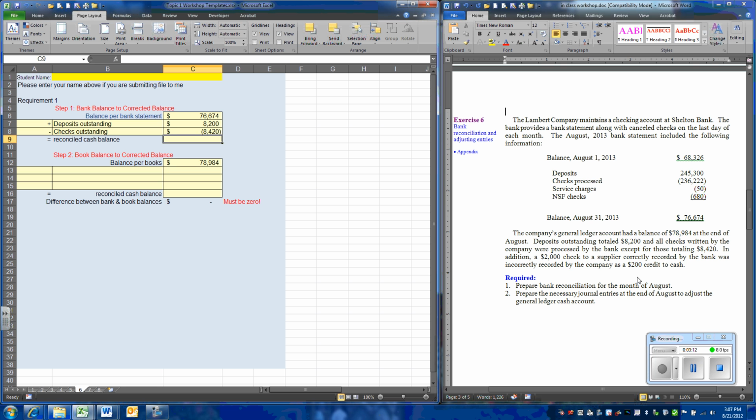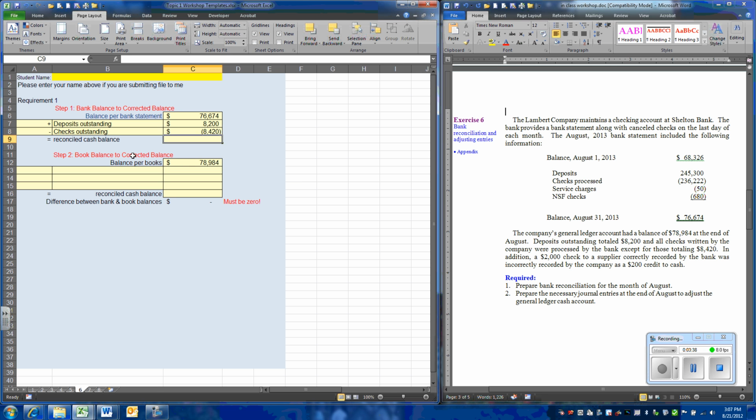The final thing that it tells us, a $2,000 check to the supplier was correctly recorded by the bank, but is incorrect in the company's records. So we don't have to make an adjustment to the bank balance. This is going to be an error that we caught by doing this reconciliation.